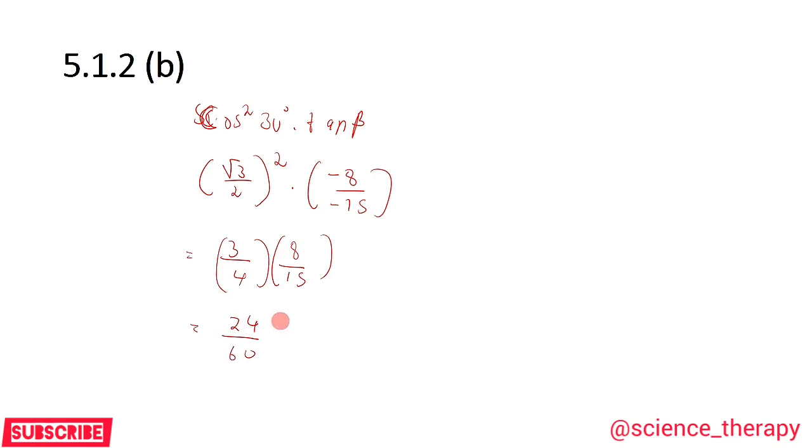Now, looking for a number that divides both 24 and 60 with no remainder, we have 12. So we divide by 12 over 12. 12 goes into 24 two times, and 12 goes into 60 five times. So our solution is 2 over 5.